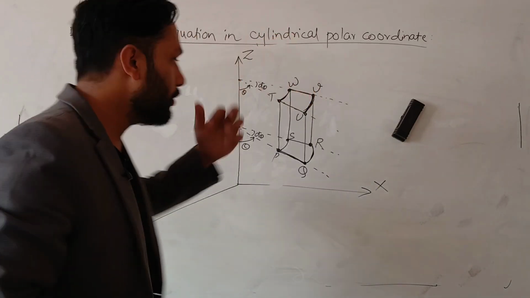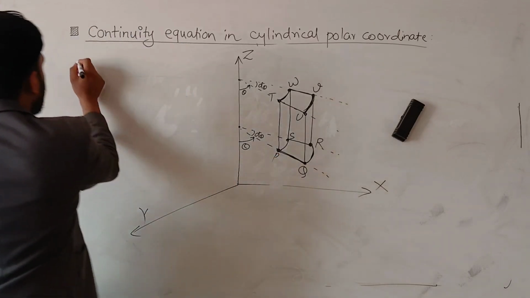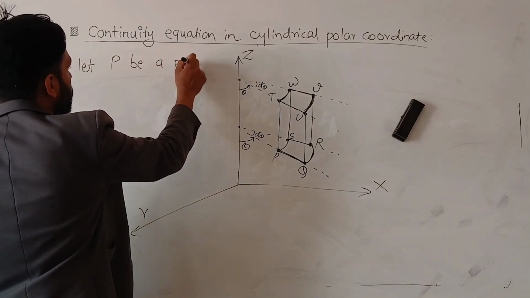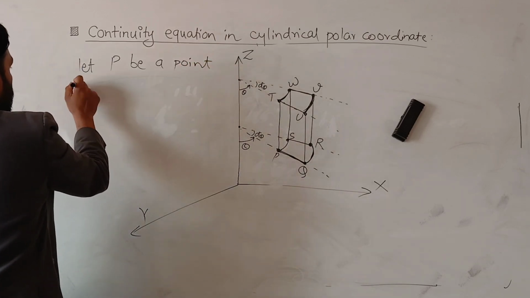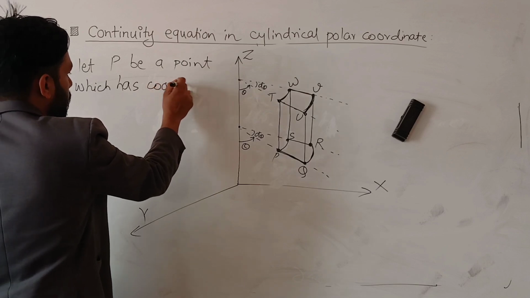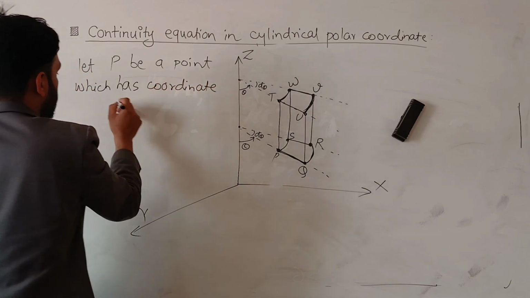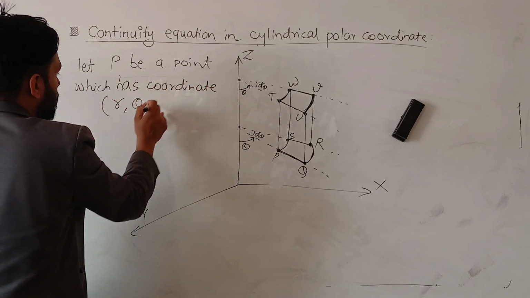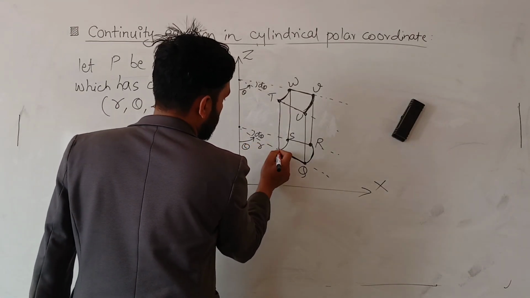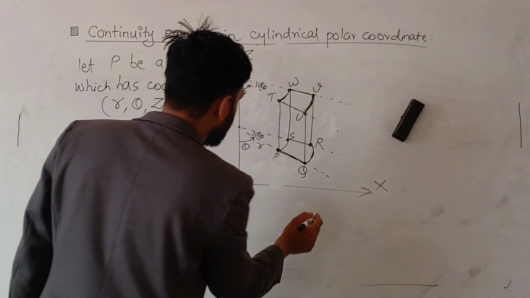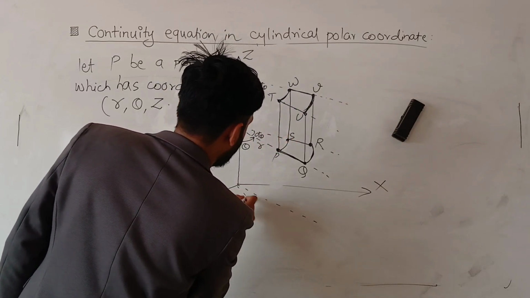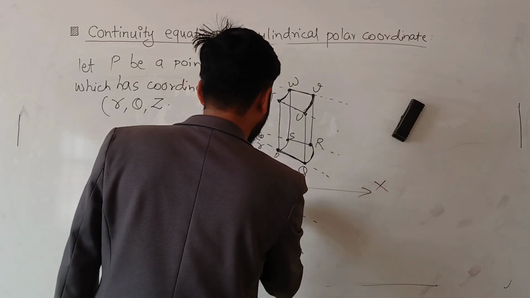So let's mark this point P. Let P be a point which has coordinates r, theta, and z. So this one is r, and this one is theta, and to mark z, you have to draw this at this point also.